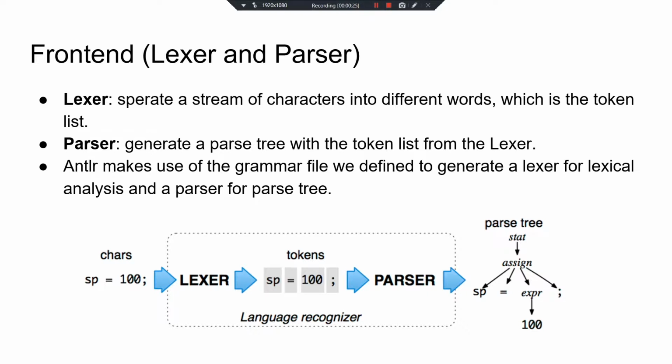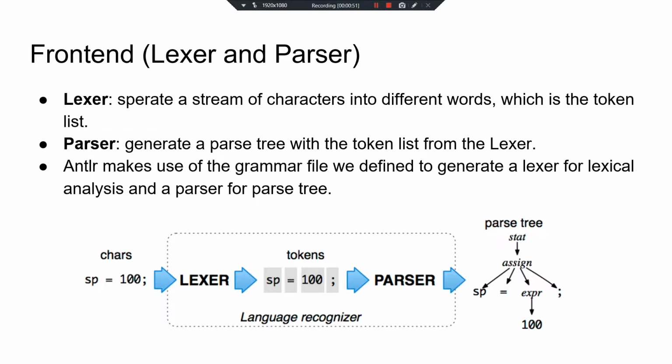In the diagram below, I can show you how we create the parse tree from a string. First, there is a character string, chars sp equals 100, and we put this string into the lexer, and the lexer will help us generate the token list.